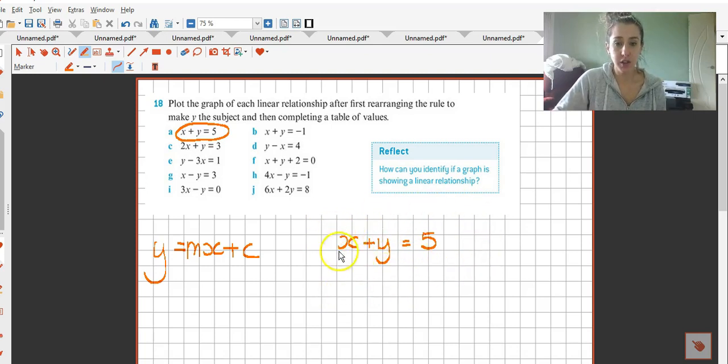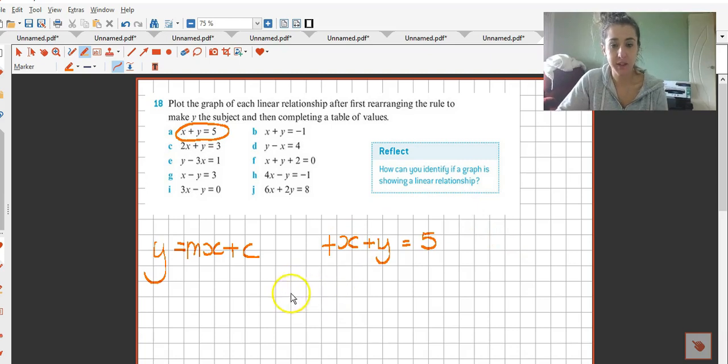So if I've got x plus y is equal to 5, this is a positive x, so we've added x. So we need to do the opposite of this. We actually need to subtract x from both sides.